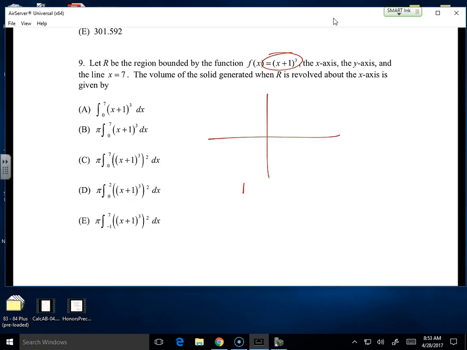Except this one's not quite just an x cubed question. What difference does an x plus 1 on the inside make? You shift 1 to the left. It's an x cubed, but shifted 1 to the left. What do we have, like x equals 7?